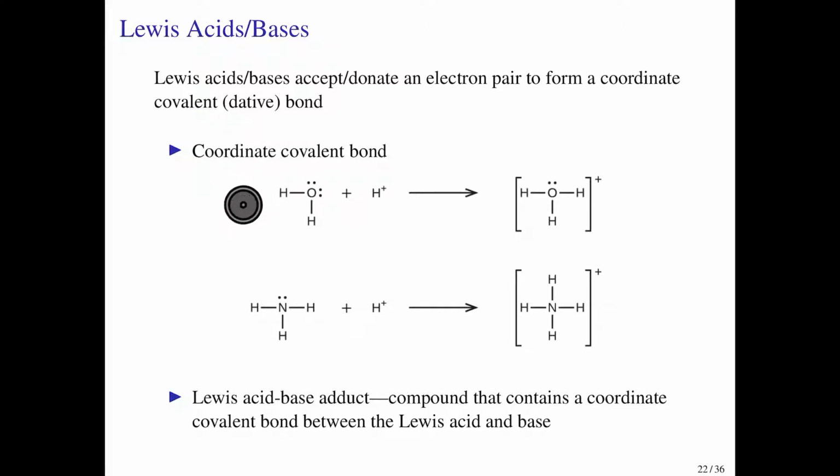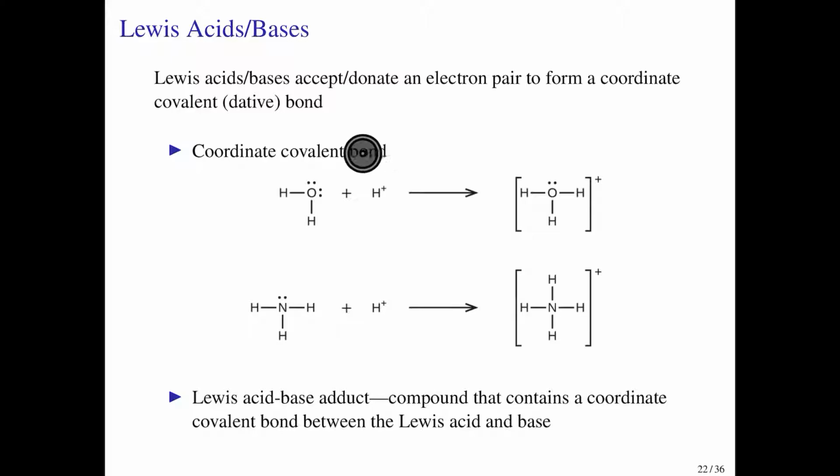In this first example, we'll consider water, which we note has two lone pairs of electrons, and we have the H plus cation, which has no electrons, and then we'll look at the formation of hydronium, H3O plus.